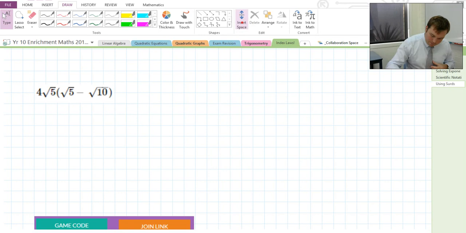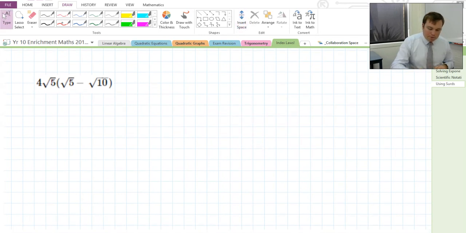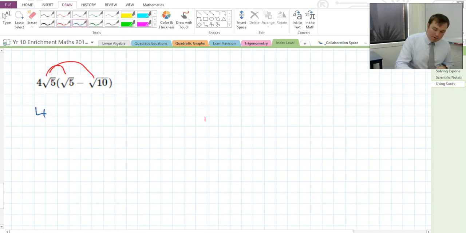Alright, last one. FOIL works, so does distributive law, expanding brackets. So this expands in there. 4, then root 5 times root 5 is 5, minus, then this one here, the root 10, I'm going to treat the root 10 as root 5 times root 2. Alright?